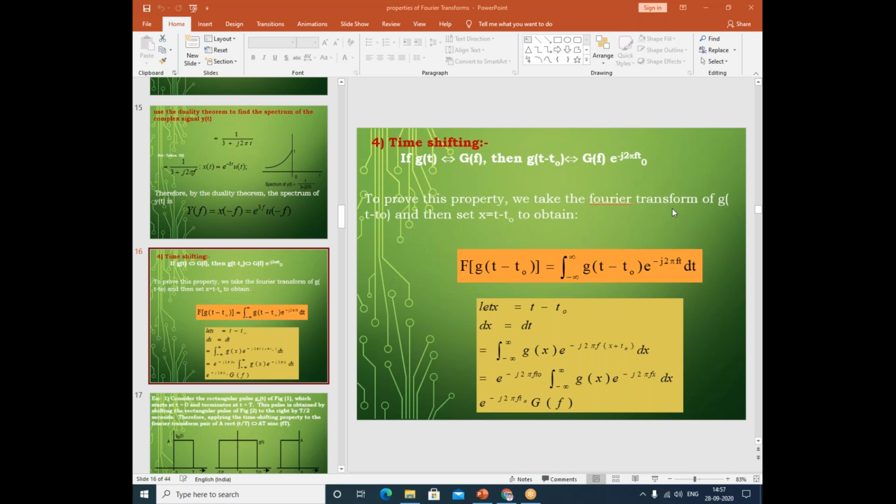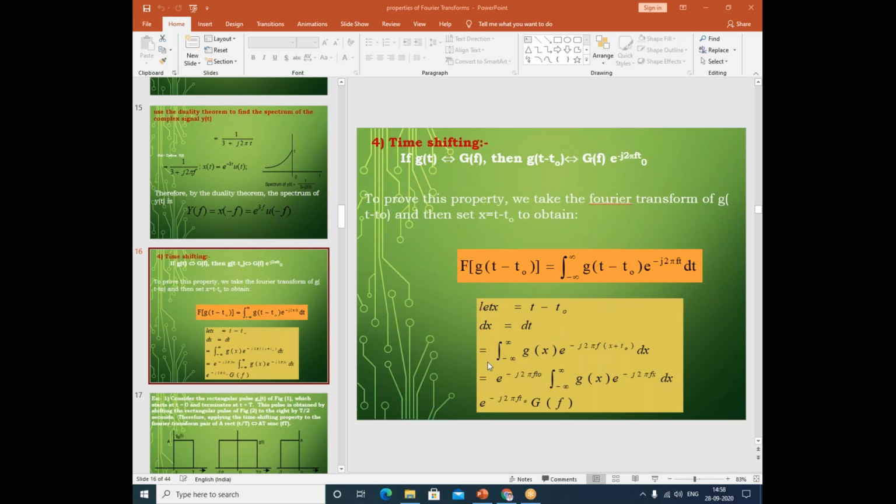So to prove this property, we have to consider the Fourier transform of g of t minus t naught. When you consider Fourier transform of g of t minus t naught, we treat this entire thing as g of t, and we have written the formula. You know that we assume that t minus t naught equal to x, and since t naught is constant, if you differentiate both sides, then you will get dx equal to dt.